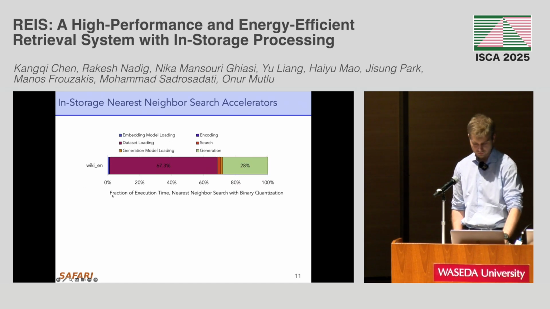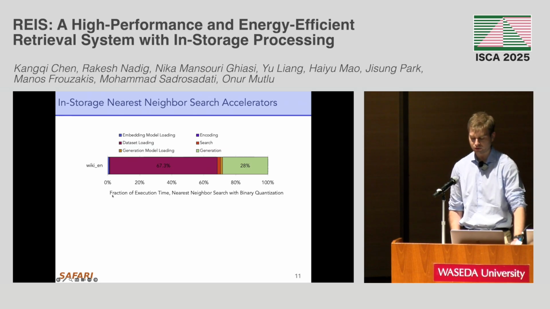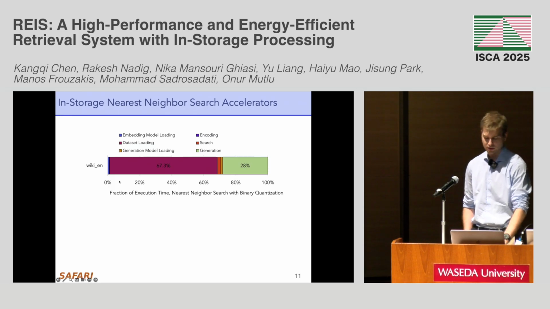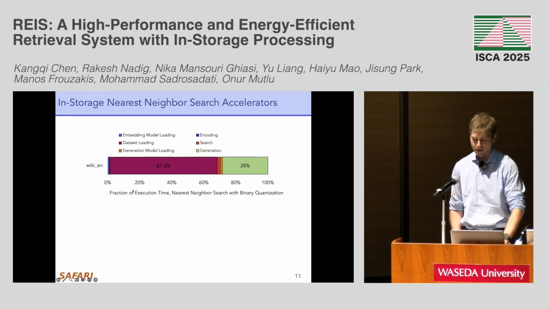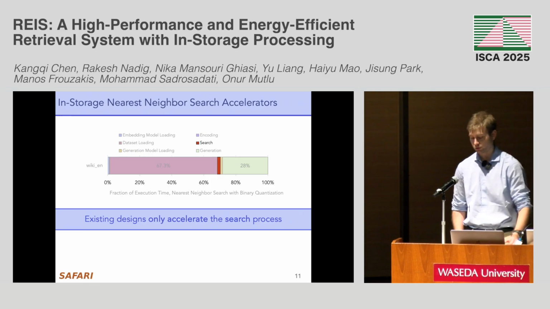Second, we explain why existing in-storage nearest neighbor search accelerator designs are not suitable for accelerating large RAG pipelines. Specifically, existing designs mainly accelerate the search process, which comprises only a small part of the total latency, but do not provide support for retrieving the documents from storage.